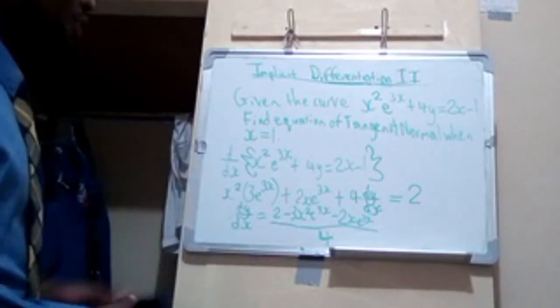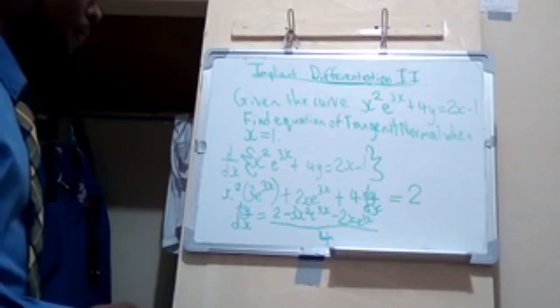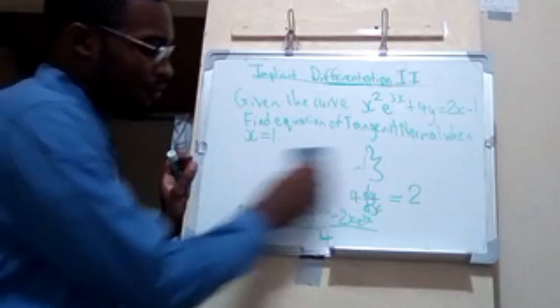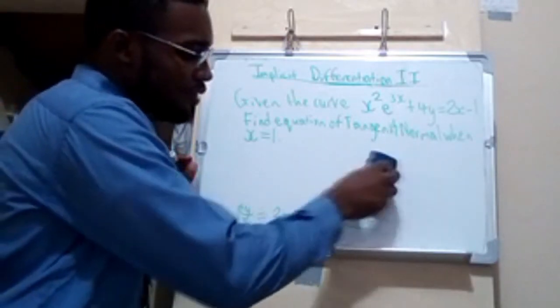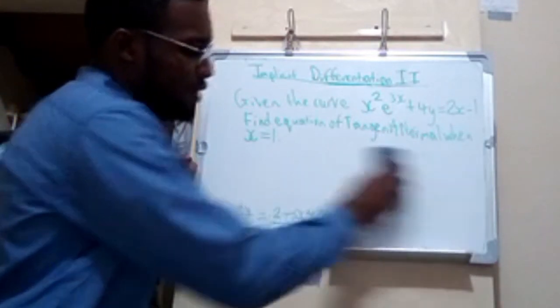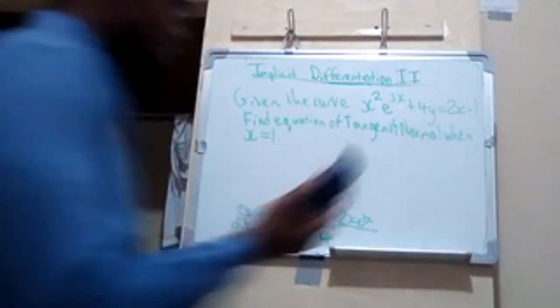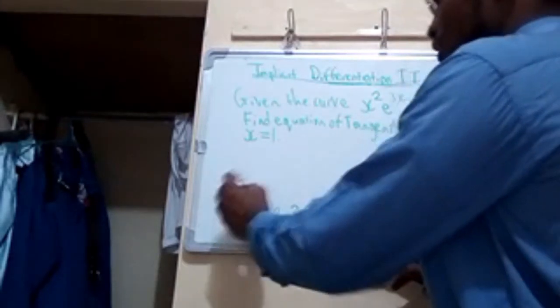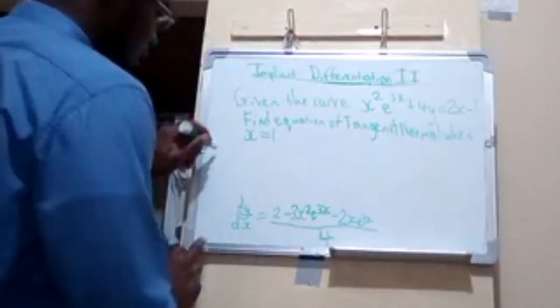So I'm going to erase this part. Now that we have found dy by dx, we can plug in when x is 1.